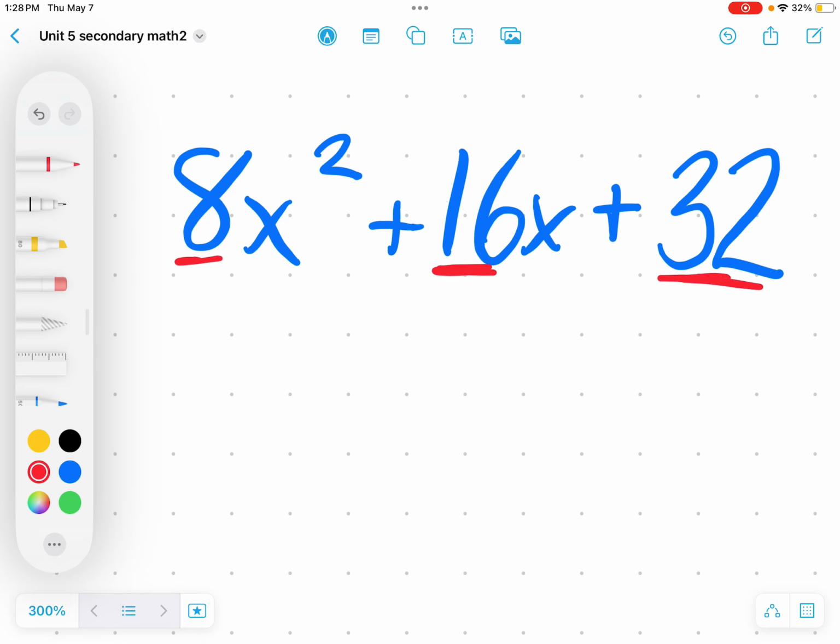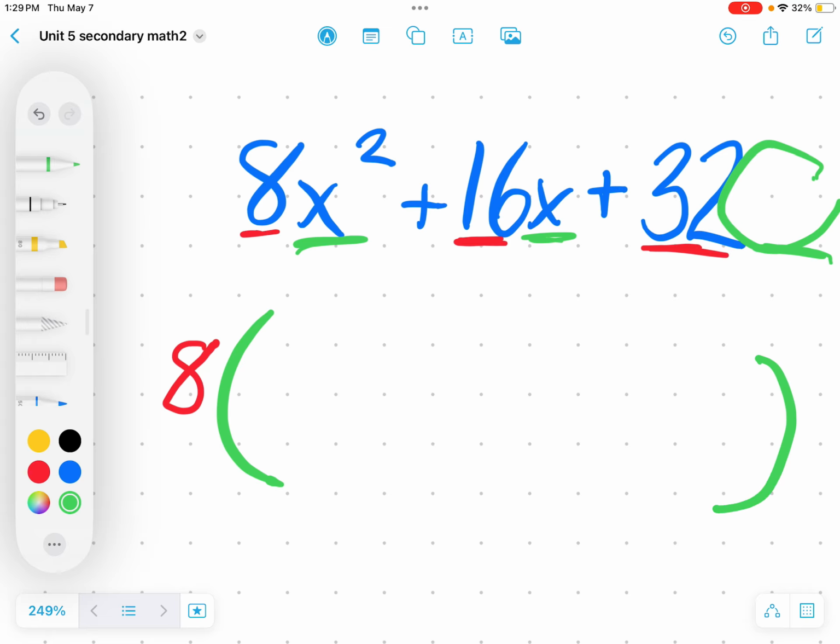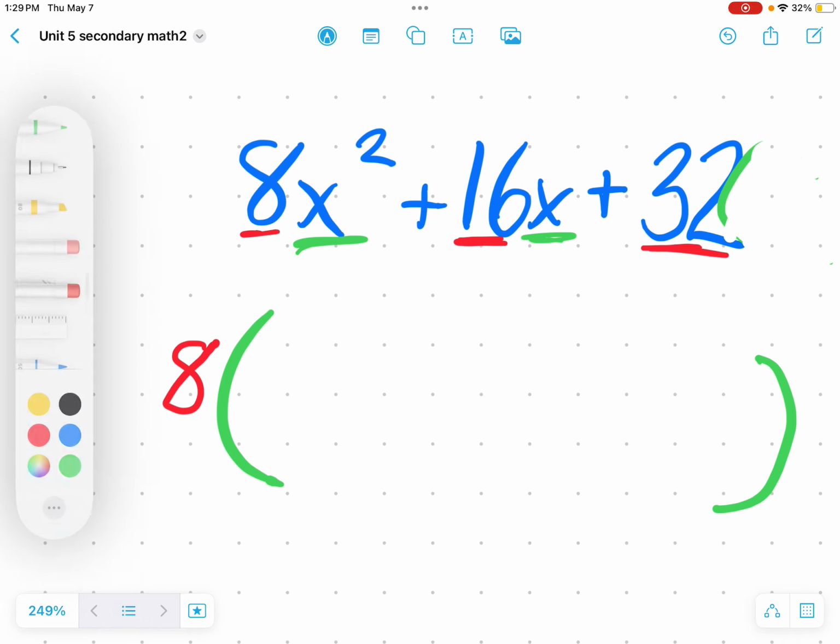So I'm going to take an 8 out. Can I take any x's out? Do they all have an x? No. This one doesn't have an x, which means we can't pull an x out. It's not part of the GCF. Your GCF is just 8. Now remember, it's backwards distributive property. If to distribute we multiply, how would we undo it? We would divide.